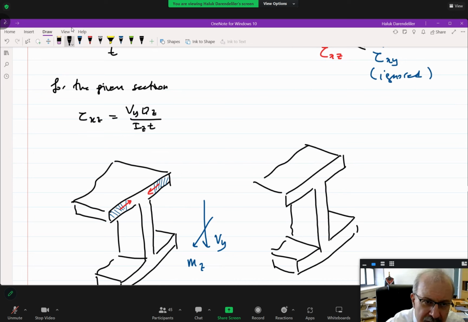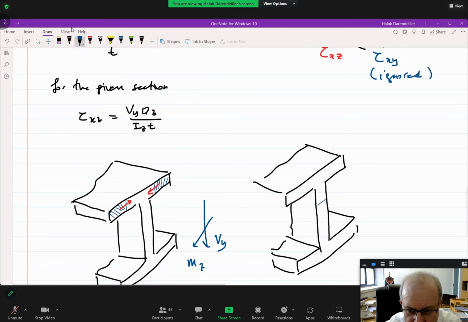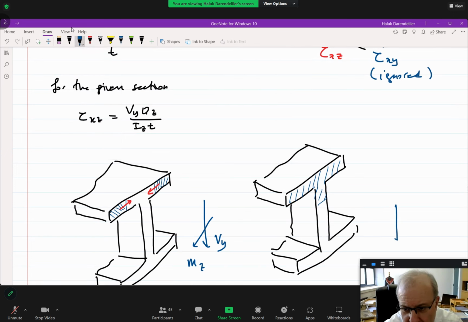Say that this time I am trying to find the shearing stress on this cross section. So now this is the area that I am related at this point. Assuming that we have the same loading as before, so now say that we have the shear force Vy again, and moment Mz again.